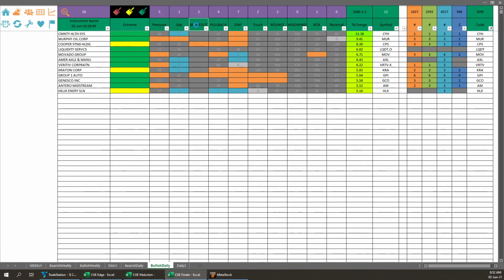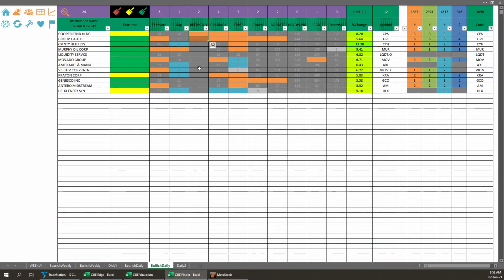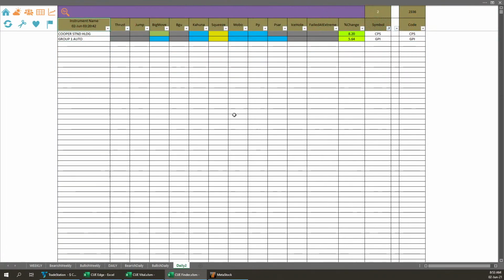Let's look at the 2 breakouts. And now using this new button, I'm going to look up the signals in these 2 stocks in other Finder tabs. So I'm going to click this. Okay, they are highlighted. Let's go to the alternate signals.